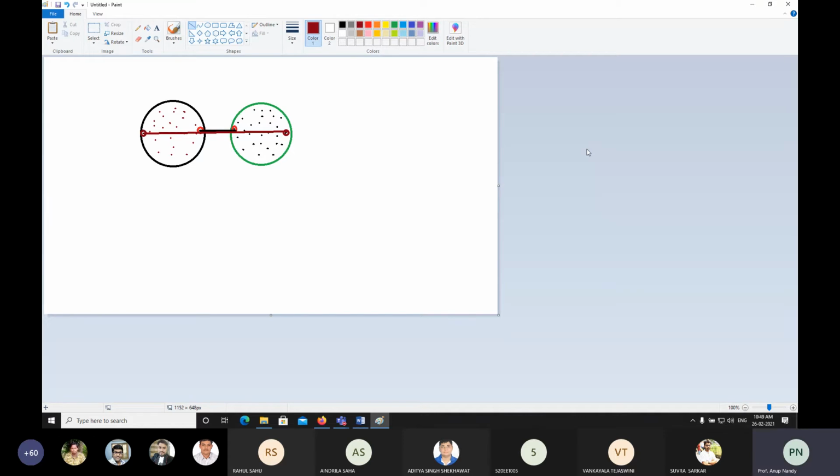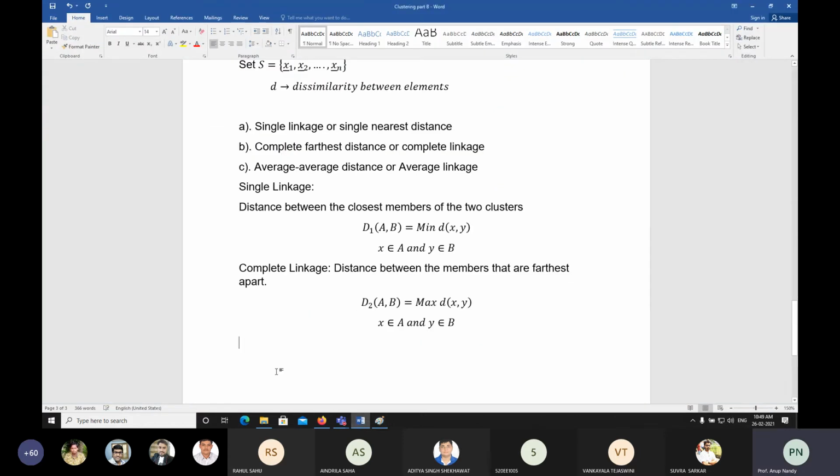So now next is the average linkage. Average linkage means that it involves looking at the differences or pairs and averages all of these distances.